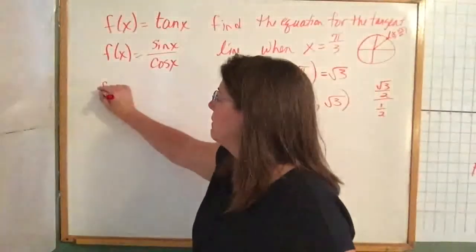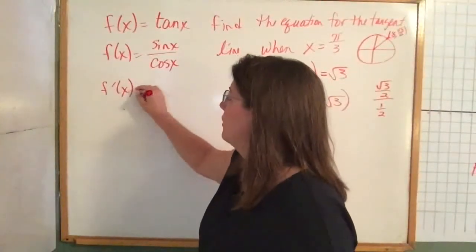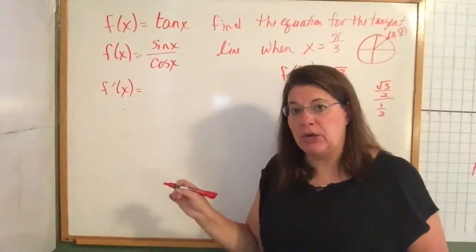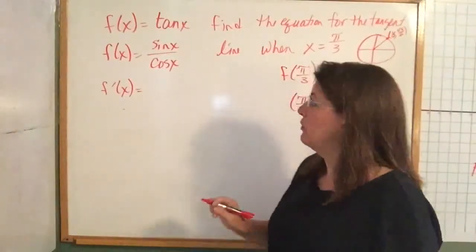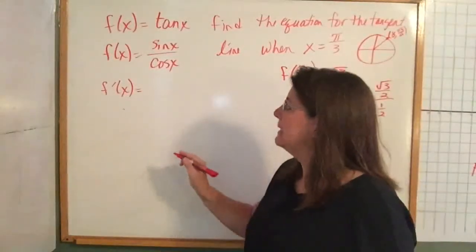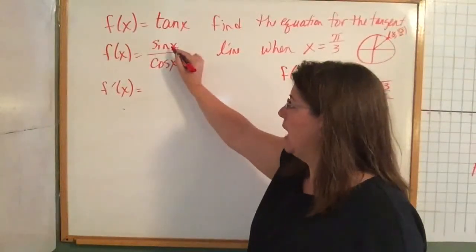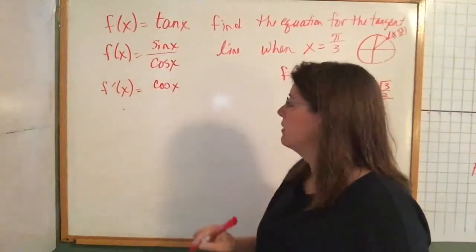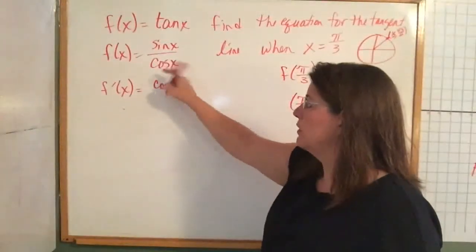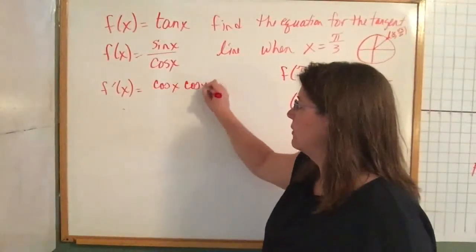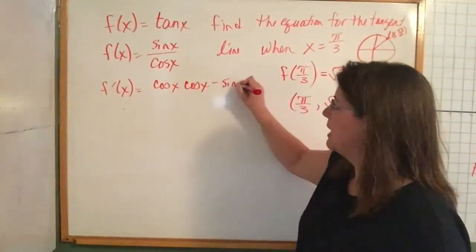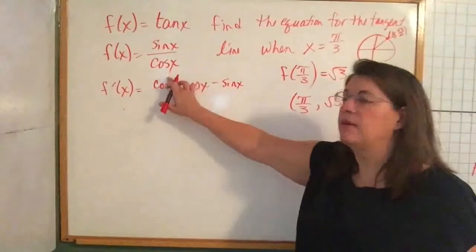If we take the derivative of that, f prime of x, well, that's low d high minus high d low over the bottom squared. So low d high, the derivative of the top, derivative of sine is cosine x, times the original bottom, cosine x, minus the original top, sine x, times the derivative of the bottom.